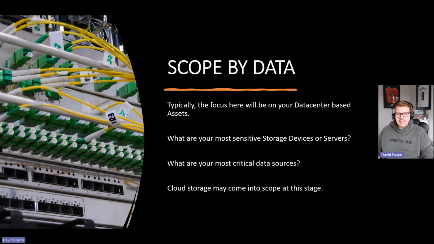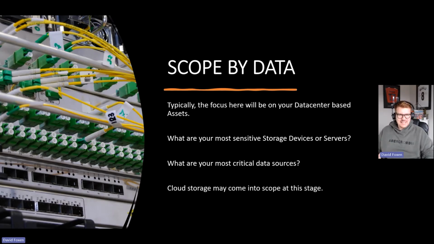So there's other ways in which you can build your scope away from the asset types, and the first one is scoping by data. This is typically where you focus on your data center assets, because that's where they hold a lot of really sensitive and important information for your organization. So therefore, you may have the priority of managing the tin for where all that sensitive data is being stored.